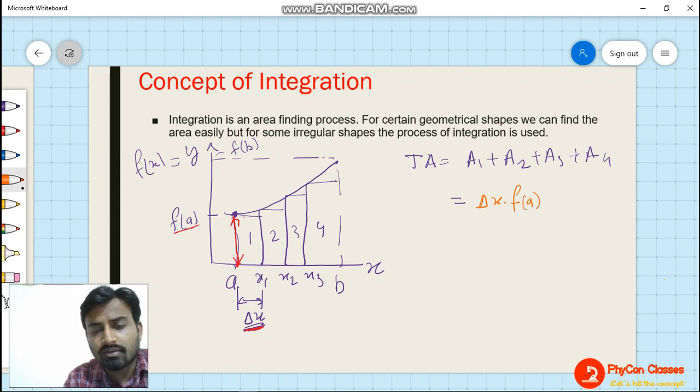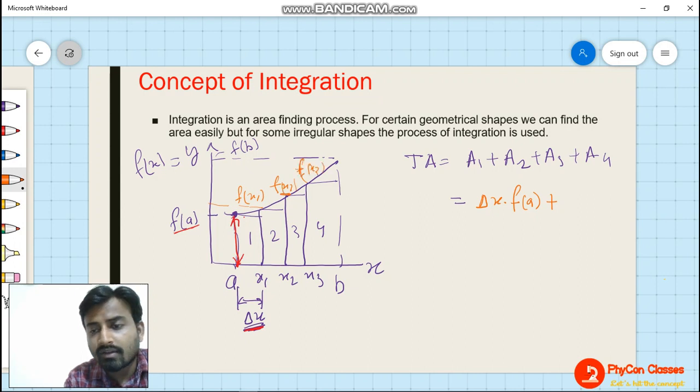Or understand it like this. And then the second area is going to be, tell me, delta x is common for all the rectangles. Delta x is common. This value is changing. So here the functional value will be f at x1, here f at x2, here f at x3.